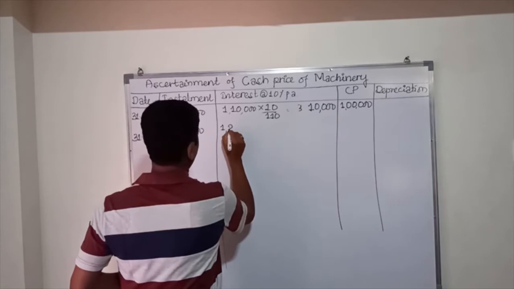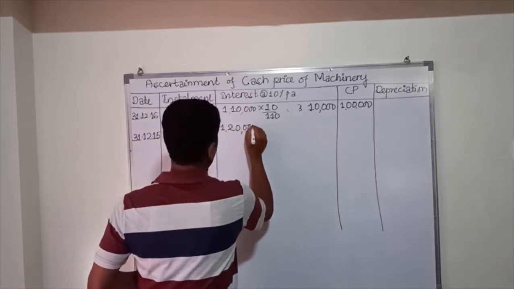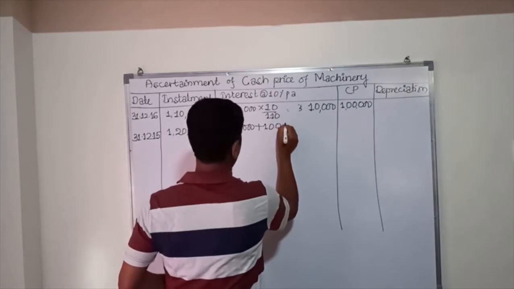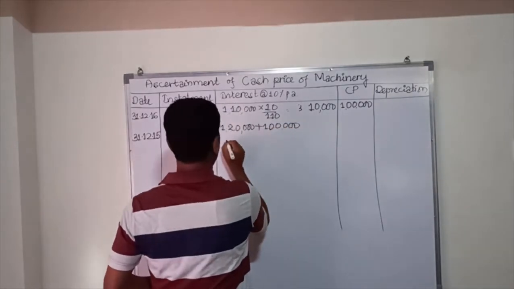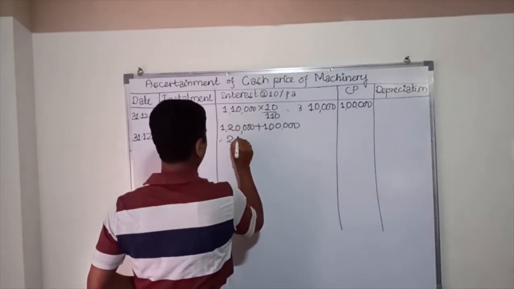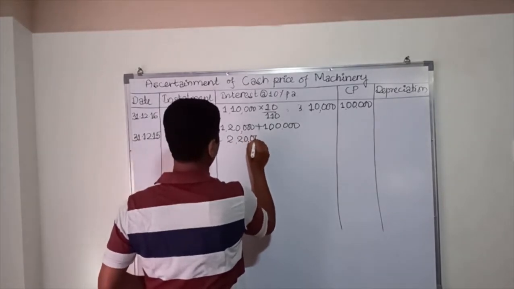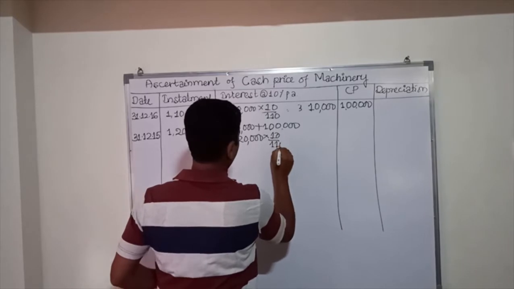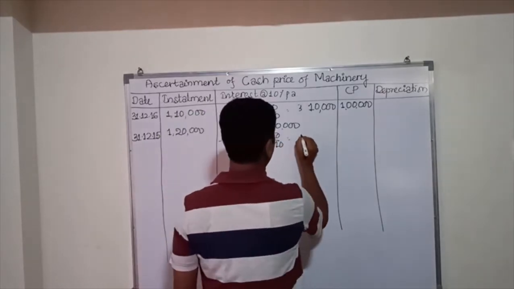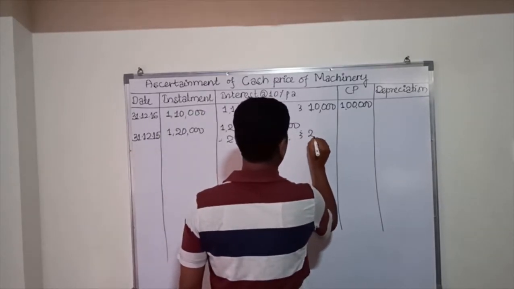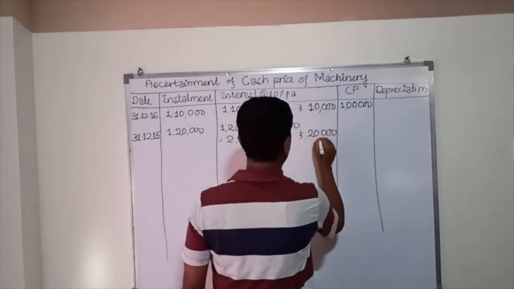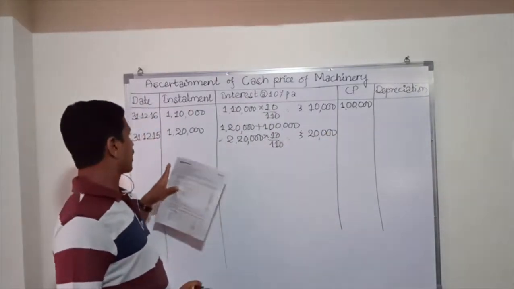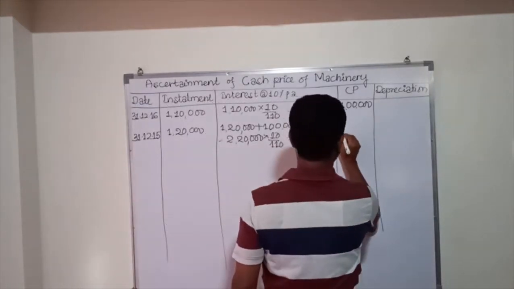So 1,20,000 plus we should include this amount here, that is 1 lakh, which gives rupees 2,20,000 into 10 divided by 110. That comes to rupees 20,000 here. So when we deduct this 20,000 from 1,20,000, we are going to arrive at rupees 1 lakh here.